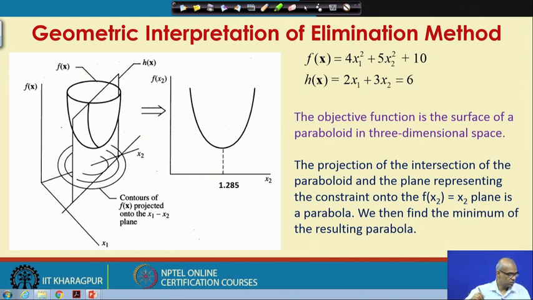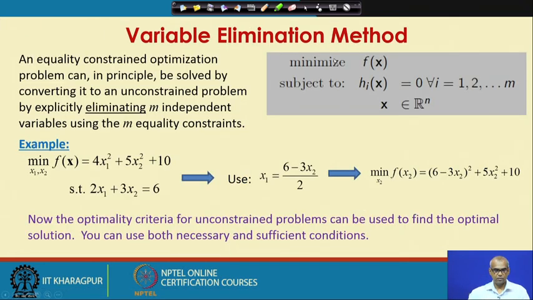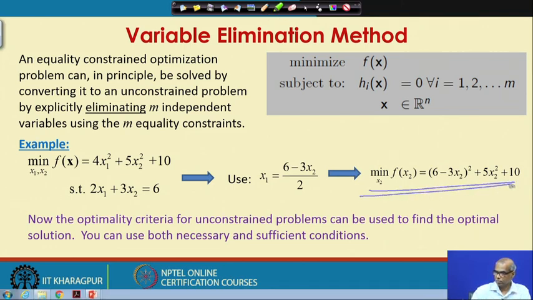So, now going back to this, to find the minimum of this, you have to take df/dx2 equal to 0, and the value that you get has to be checked whether it is a minimum or maximum, and that you can do by taking the second order derivative.